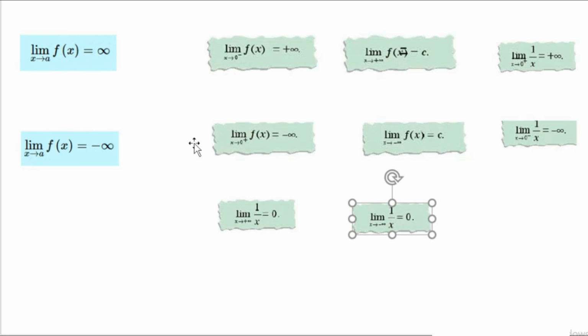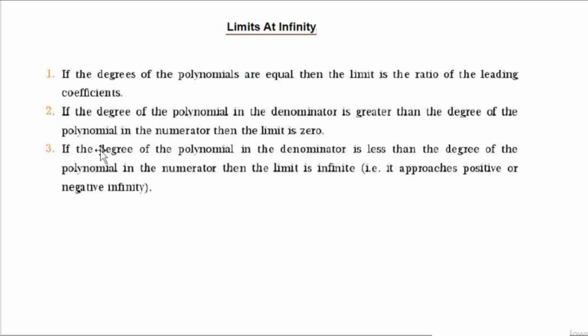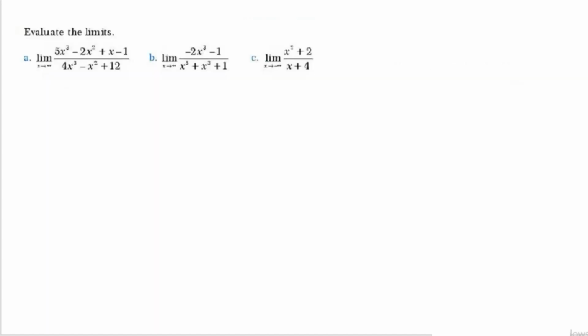Now let us apply all these properties of limits as well as the guidelines on how to solve for the limits at infinity. I have here three examples. Evaluate the limit of 5x cubed minus 2x squared plus x minus 1 all over 4x cubed minus x squared plus 12 as x approaches infinity.